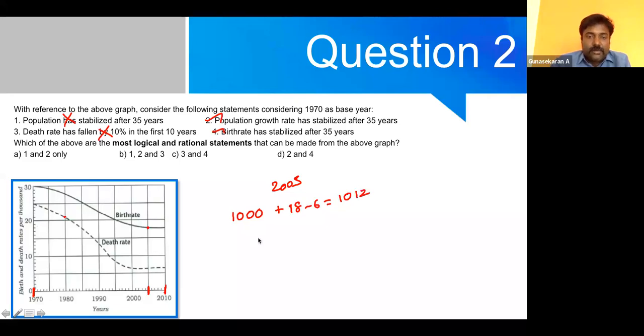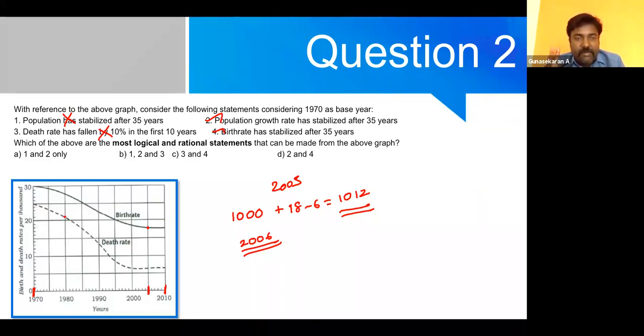From 2005 to 2006, in 2006, the population is increased. Population has not stabilized. Population is increased. Population growth rate is stabilized. Birth rate is stabilized. Understand the difference? Population is not stabilized. Population growth is stabilized.